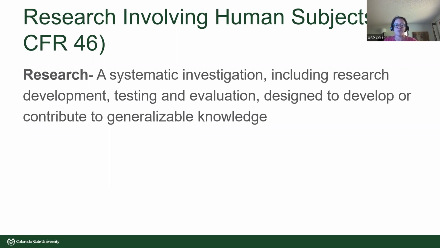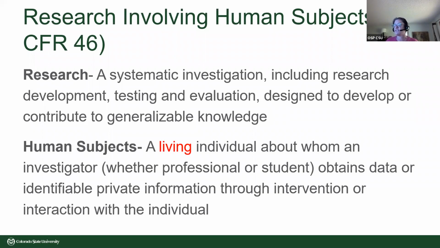So this definition is taken right from the Common Rule, the definition for research and for human subjects. With research, it's that systematic investigation that contributes to generalizable knowledge. That's what we're talking about here. Okay. And then human subjects are defined as living individuals about whom an investigator obtains data or other identifiable private information.